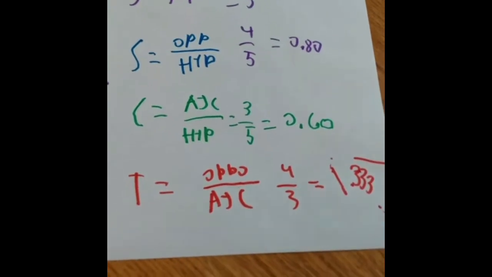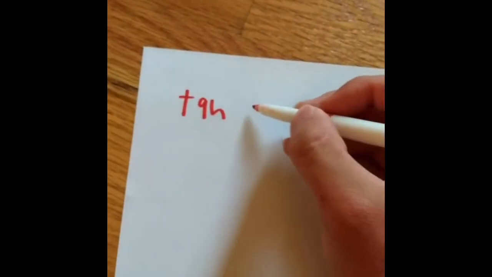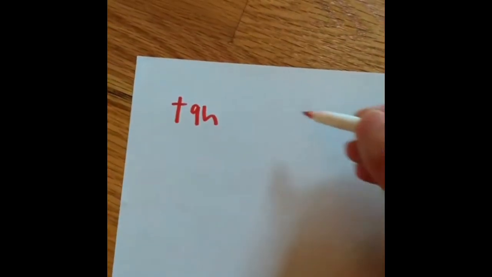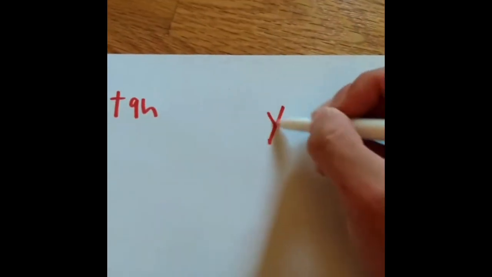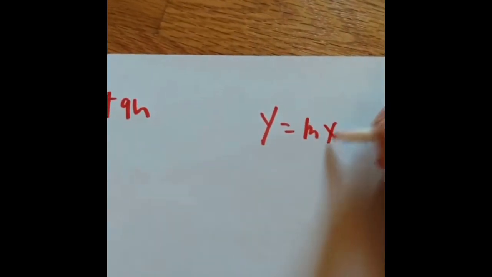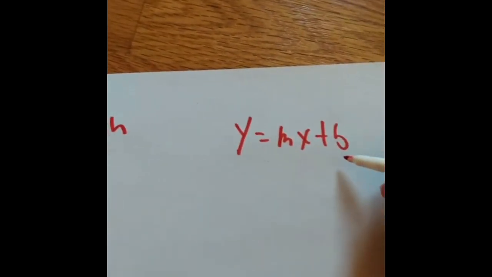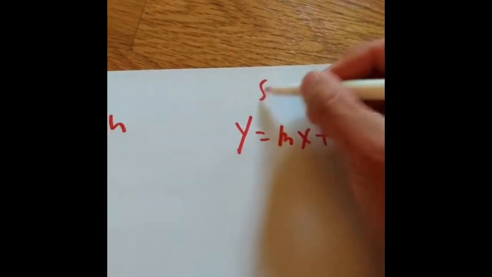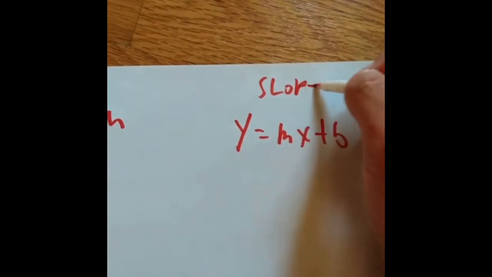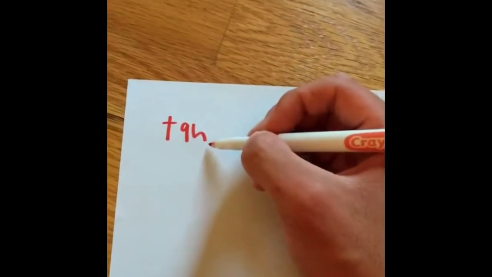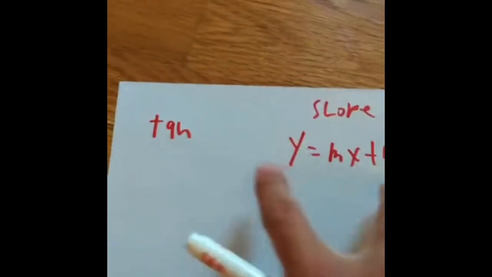Tangent is going to be a sister equation to y equals mx plus b, because y equals mx plus b is what we call the formula for slope. Since we're trying to find the slope of the hypotenuse by finding the tangent, they're pretty similar.